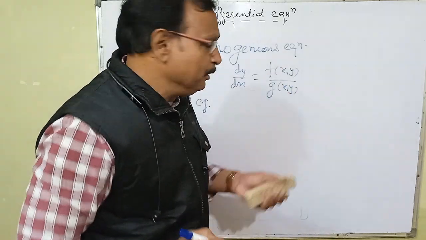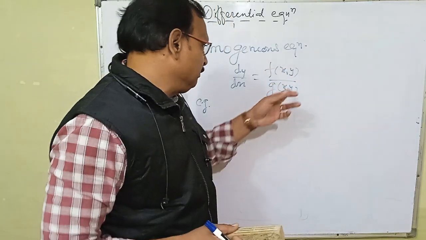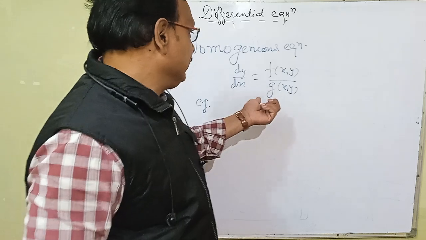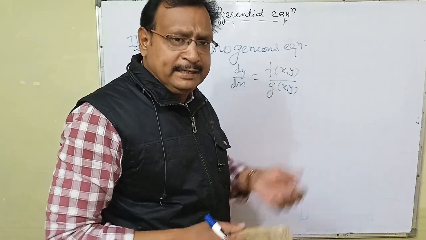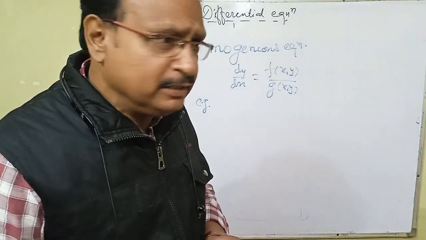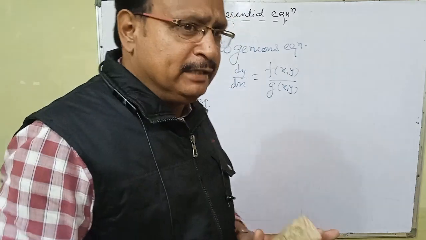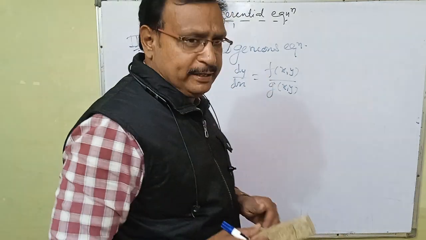The numerator is a function containing variables x, y, and the denominator is a function g(x,y) containing x, y, but here the necessary and sufficient condition is that the power of the variables will be equal, and we say homogeneous equations.